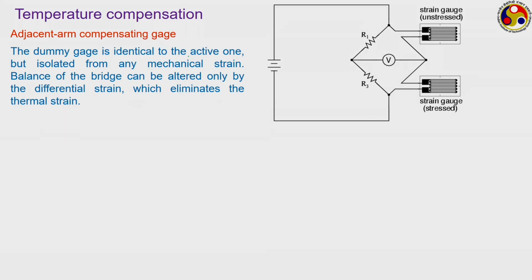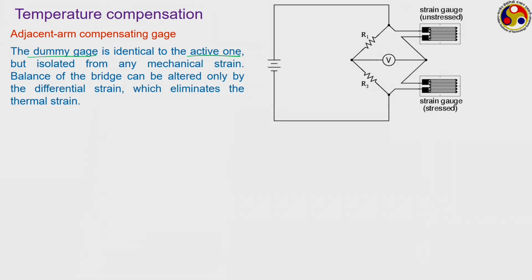We have one active gauge mounted on the specimen where you want to measure the strain, but you also have another dummy gauge which is identical to the active one. However, it is not in contact with the specimen itself; rather, it is isolated from the specimen but kept very close to it, so that its surrounding temperature remains very similar to what the active gauge is sensing.